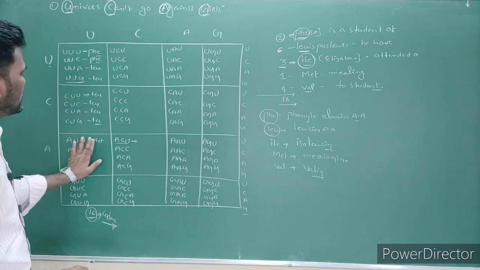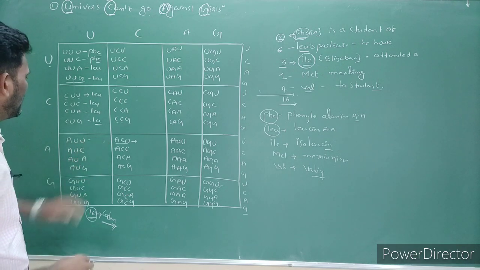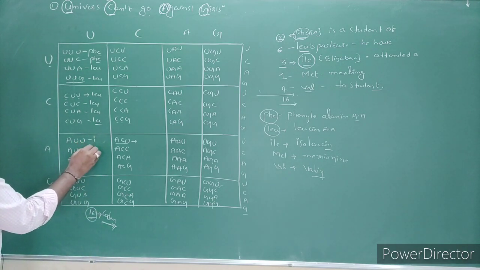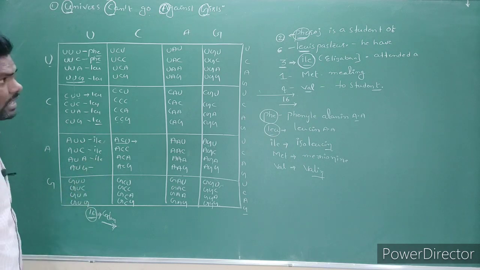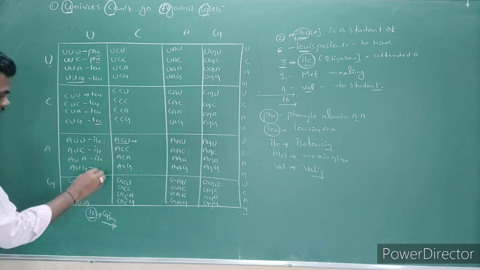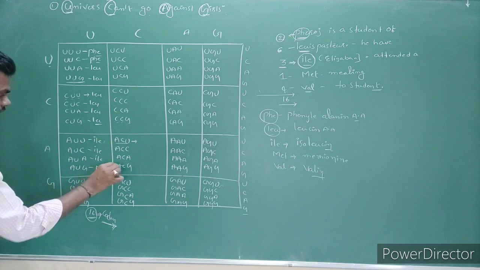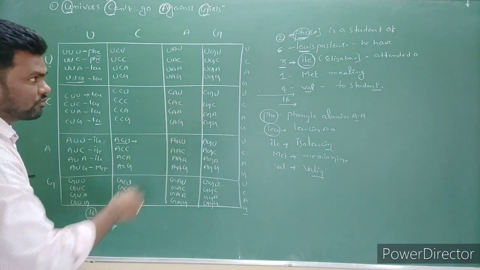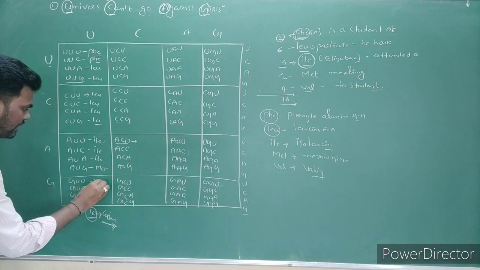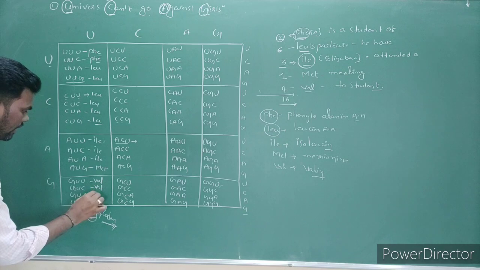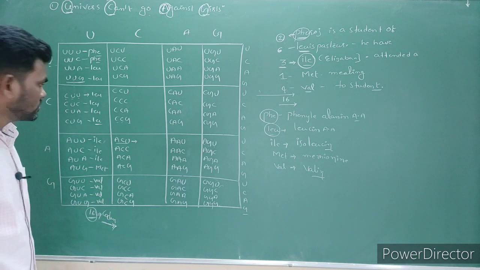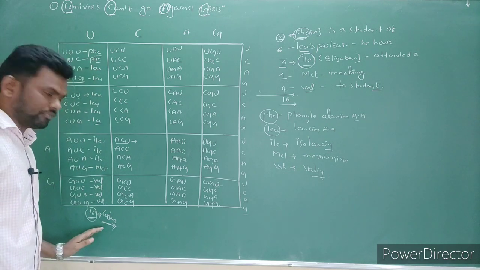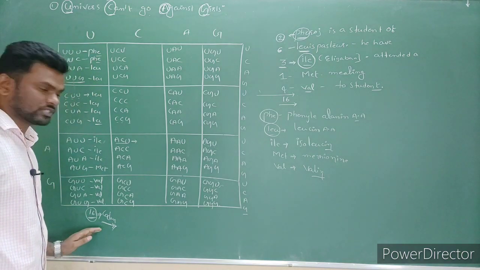Next one is isoleucine. Isoleucine number is 3. And the last one? Oh, sorry. Number 1 is MET, methionine. So the remaining 4 are valine, VAL. So we can easily remember by using this story.